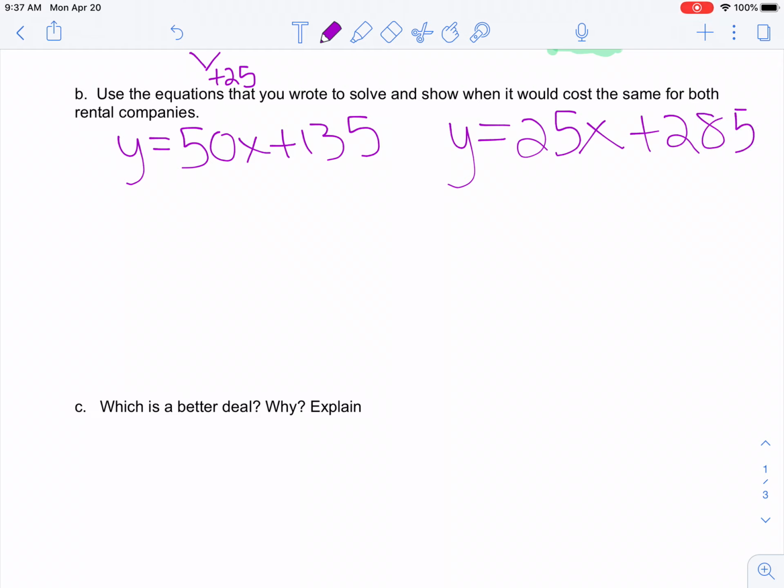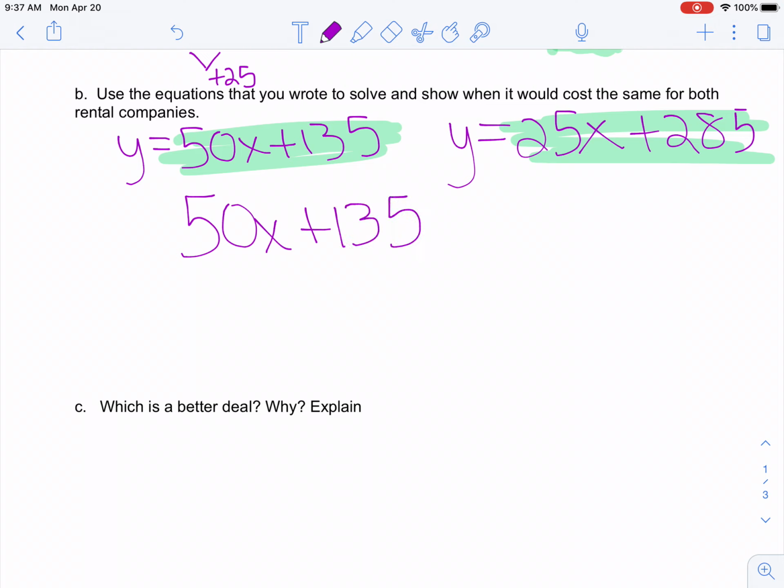So because they're both equal to y, I can take the portion that is equal to y and I can set them equal to each other. So 50x plus 135 equals 25x plus 285.